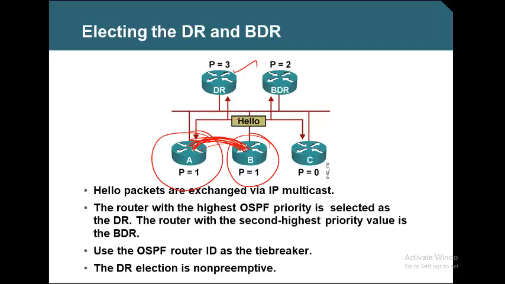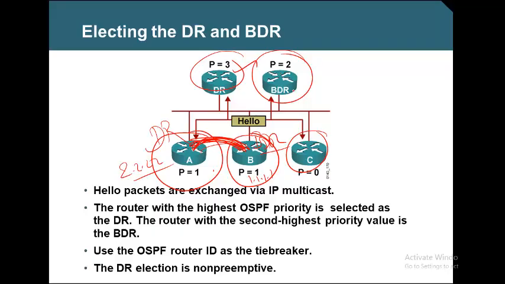This says I'm DR because my router ID is bigger. This says, okay, I'll be BDR because mine is smaller. They have already finished the election process. Now you configure this and then this and then this. Will it cause any change? No, there won't be any change.